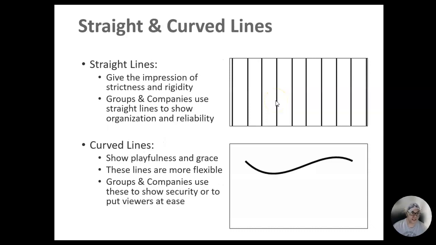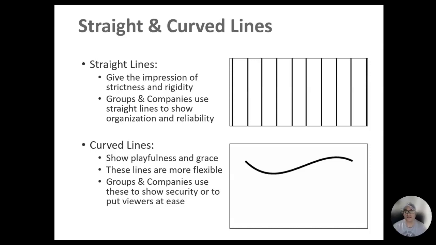Straight lines give the impression of strictness and rigidity. They tend to be organized in a very consistent shape. Groups and companies use these straight lines to show organization and reliability. You tend to see these a lot in government facilities, hospitals, and organizations, a lot of areas that really focus on consistency and reliability.